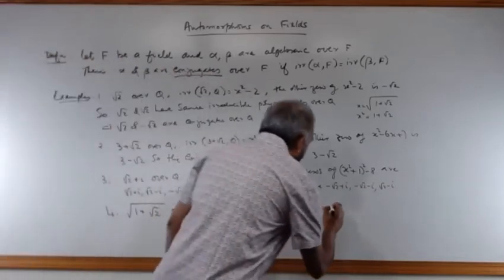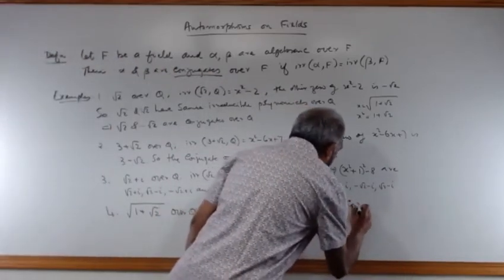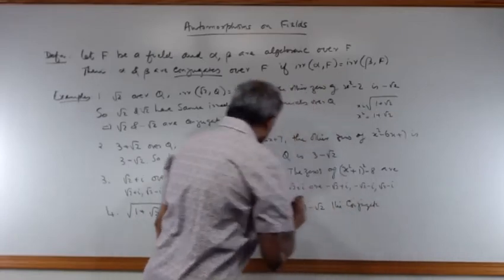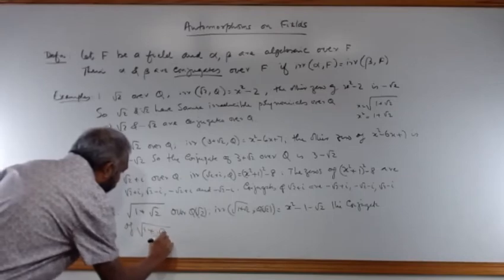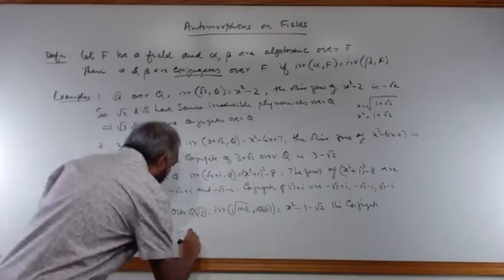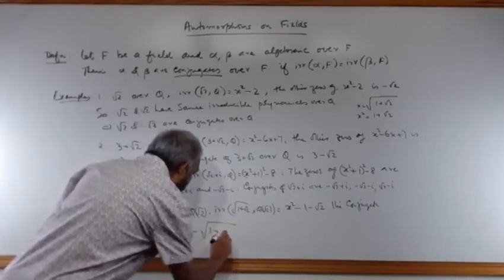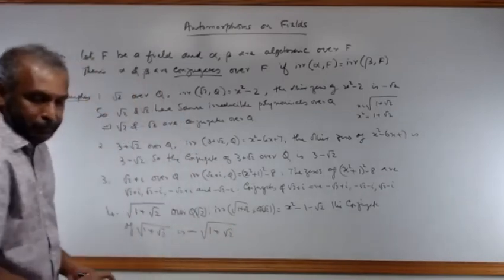So the conjugate of root of 1 plus root 2 is just minus root of 1 plus root 2.